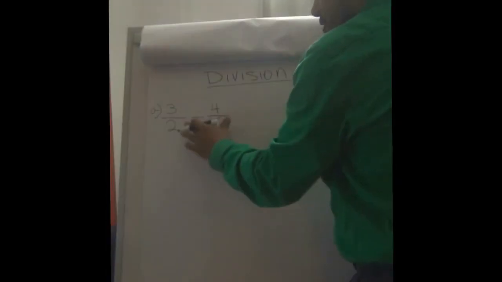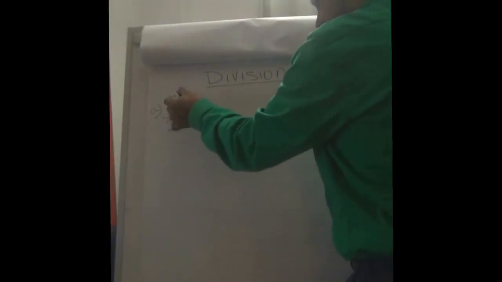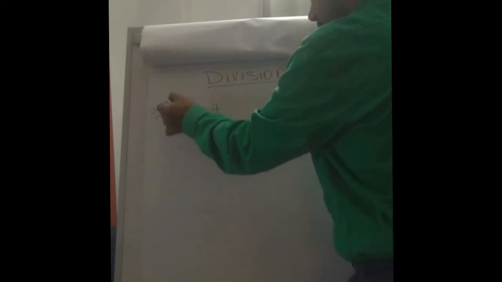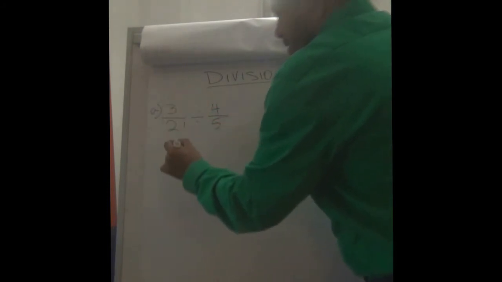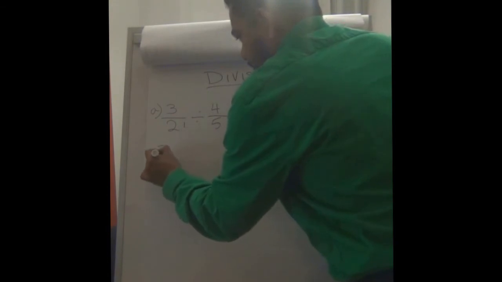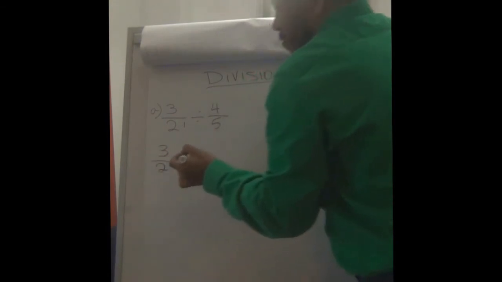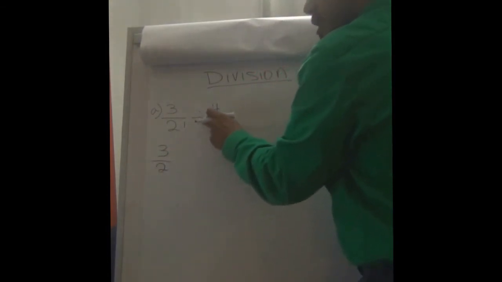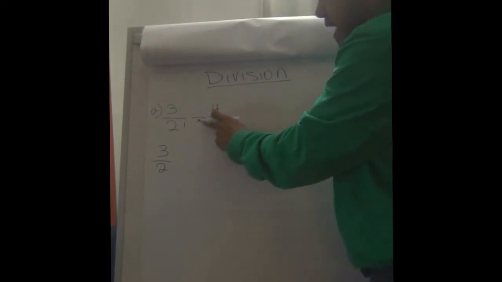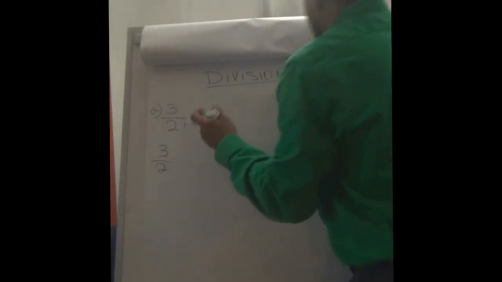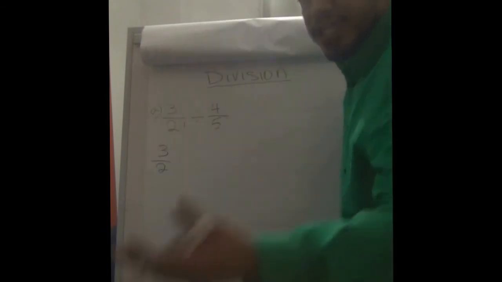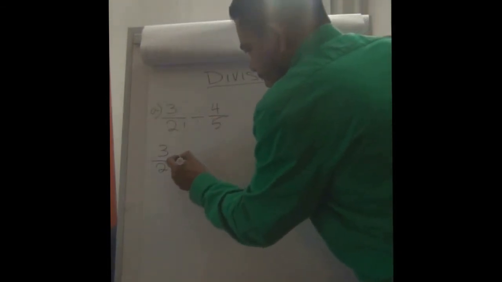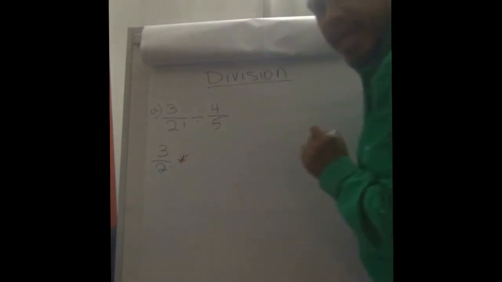To divide these fractions, always keep the original fraction to the left the same. So it's going to be 3 over 2, right? You're going to change the division sign to multiplication. Oh my God, I keep saying multiplication.